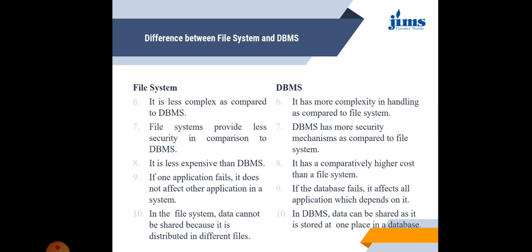So these are some advantages and disadvantages of the file system.